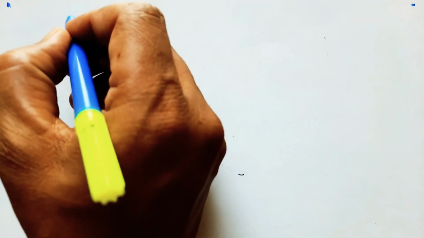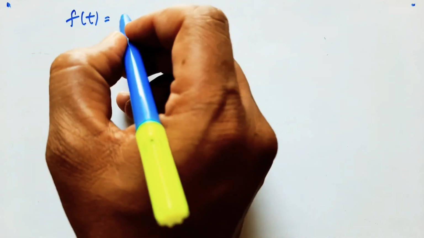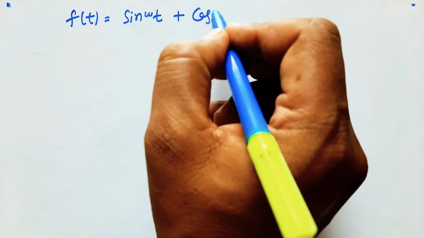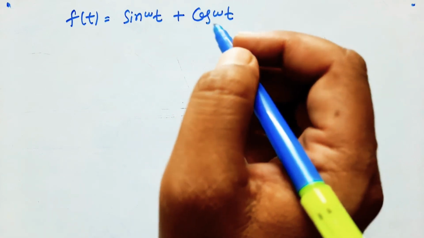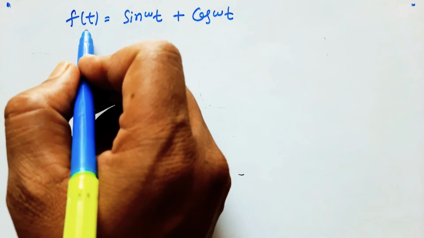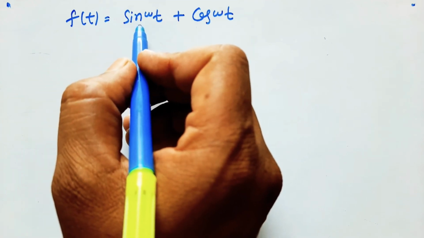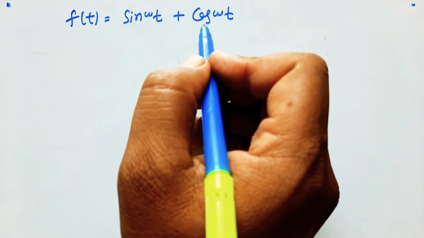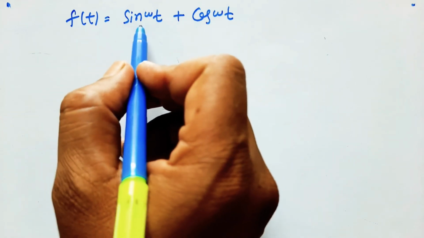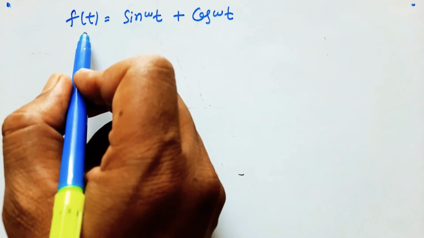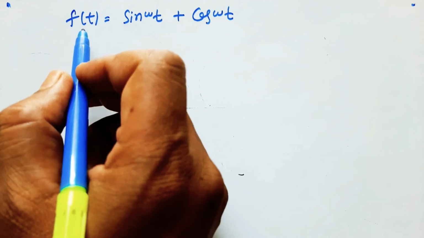Let us see the first one. f of t is equal to sin omega t plus cos omega t. Here the function is a linear combination of sine and cosine functions. If the function is a linear combination of sine and cosine functions, that function represents periodic motion.